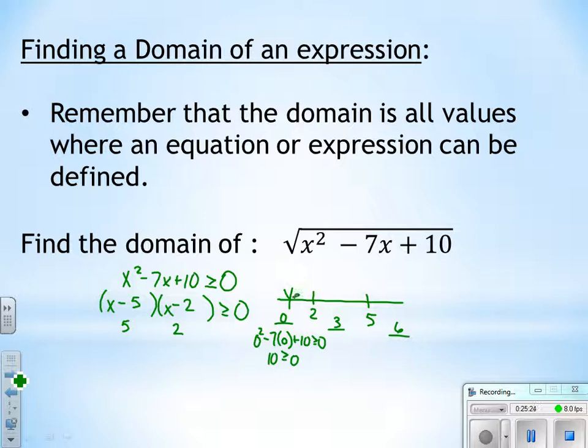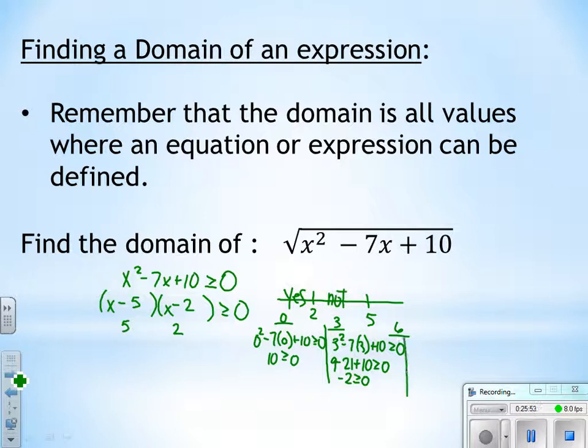So underneath the 2, we have yes values. Let's check out the 3. So 3 squared minus 7 times 3 plus 10 greater or equal to 0. 9 minus 21 plus 10, you're going to get a negative 2 greater than or equal to 0. Not.